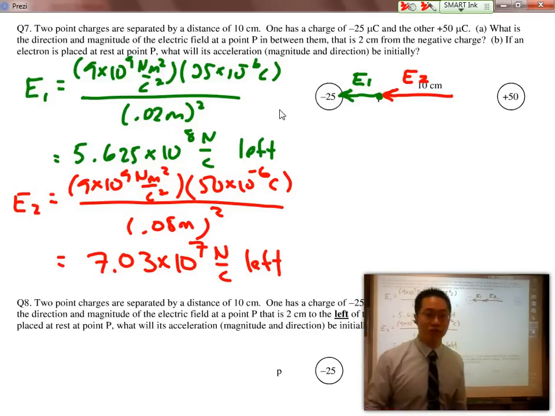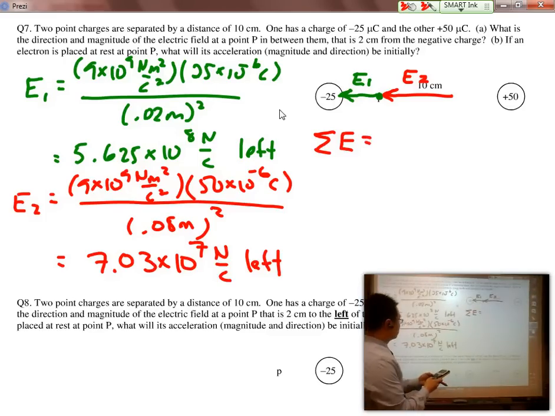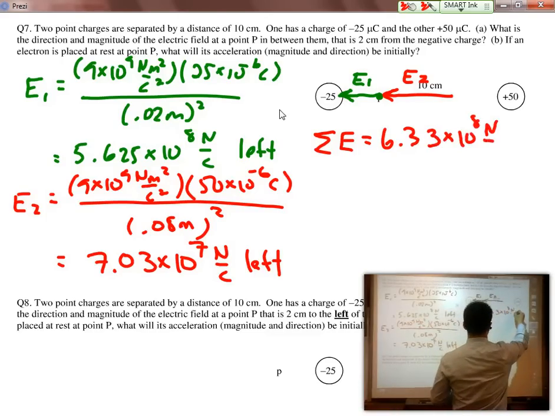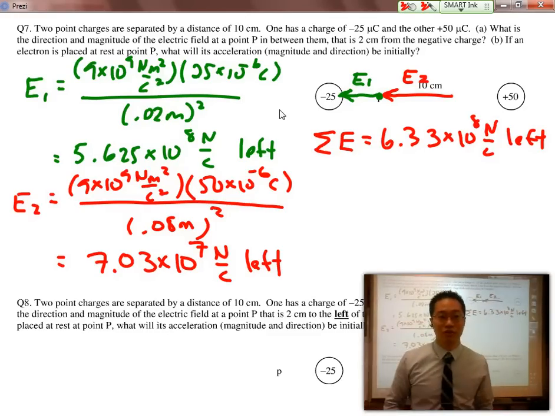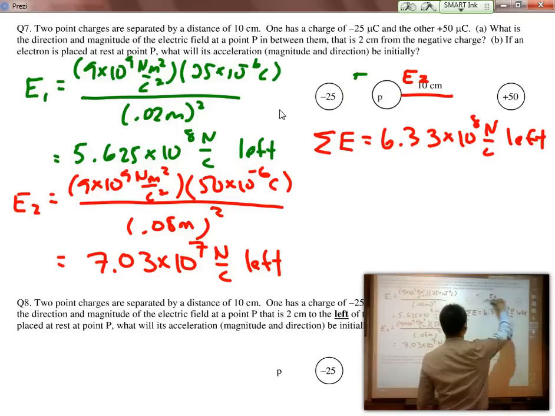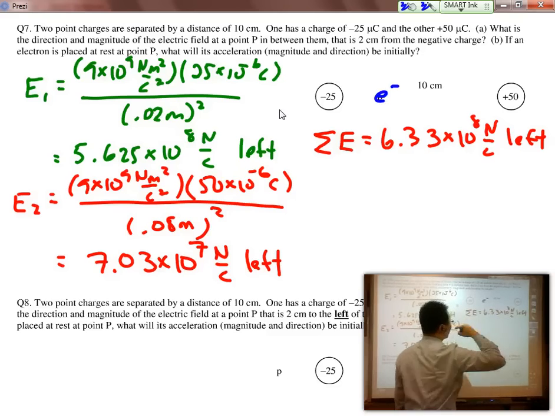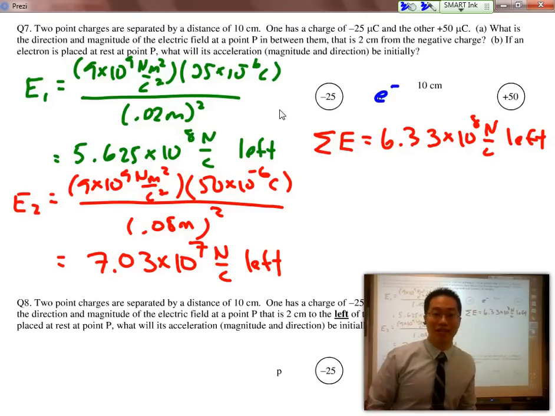So the total electric field would equal 6.33 times 10 to the 8th newtons per coulomb left. Okay, so that's the sum of the two electric fields. Now, if I were to put an electron in that location, I know it's going to be attracted to the positive charge, repelled by the negative charge.